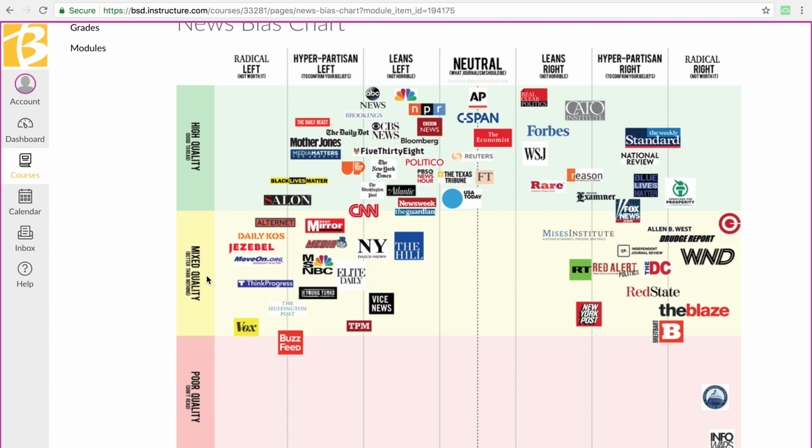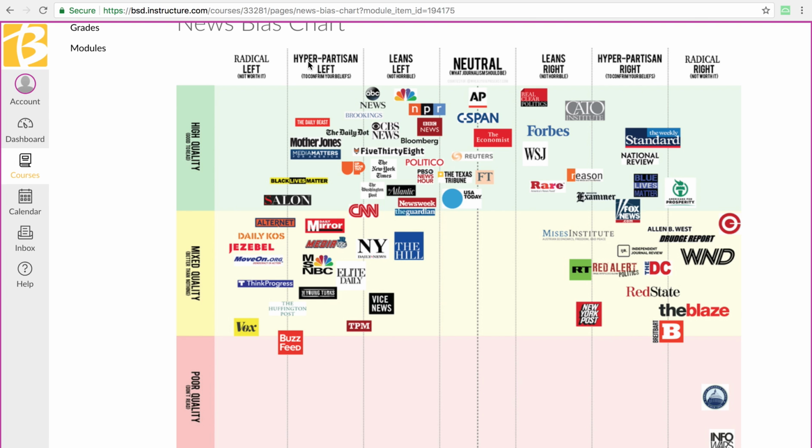So you'll notice that there are a lot of different websites in here. Some of them are TV, some are newspapers, some are websites, online news sources, etc. And they're all spread around in this kind of arc that goes up to this idealized section up here and then tapers off as you go to the sides.